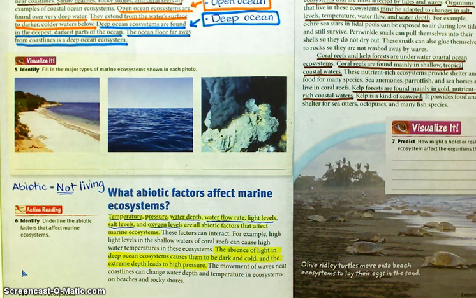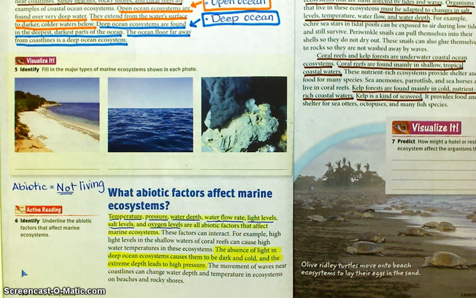Okay, so down at the bottom, I'm going to remind you that abiotic means not living, whereas remember biotic means living. So what abiotic factors affect marine ecosystems? Well, things like temperature, pressure, water depth, water flow rate, meaning how fast is the water flowing, light levels, how much light penetrates down into that level of ocean water, how much salt is there, so salt levels and oxygen levels.